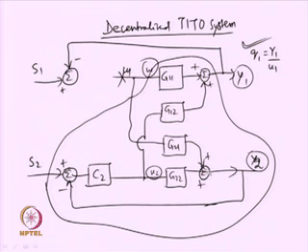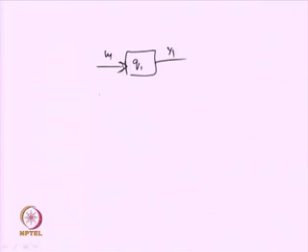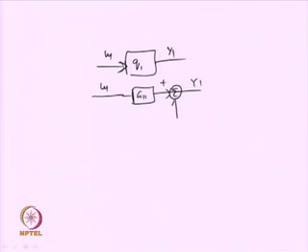So, U1 is passing on to this one, and then we are getting the lower part. So, what I will have here basically is signal U1, and then I have got the block G11 and I have got the output Y1, but the output is made up of two outputs, one given by the interaction. So, G21 will come into picture and this is getting connected over here.